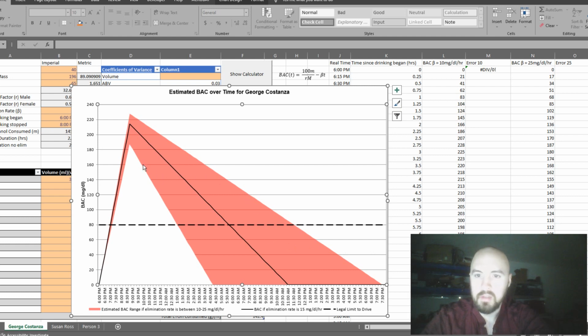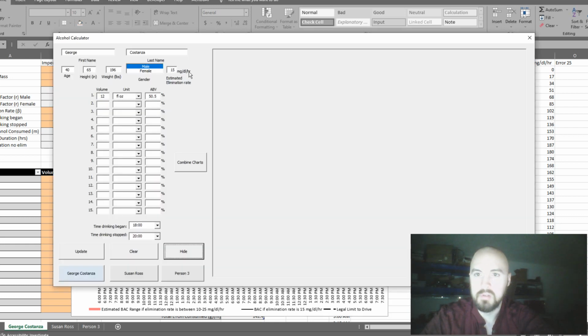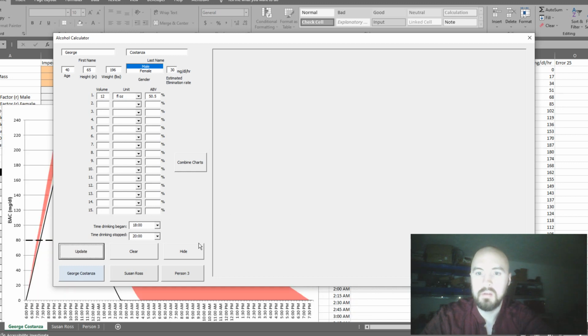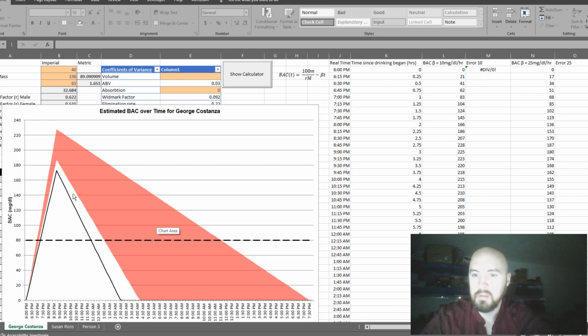So you can tell that elimination rate has a huge impact on just his estimated blood alcohol concentration at least on the descending curve. When it's at the ascending curve, not too much. No matter what, he's going to peak pretty high. Once you hit peak, you eliminate at a constant rate. And so this black line is that elimination rate I showed earlier. So if I change this to something ridiculous like 30 and hit update and hide, you can see the black line is right here.